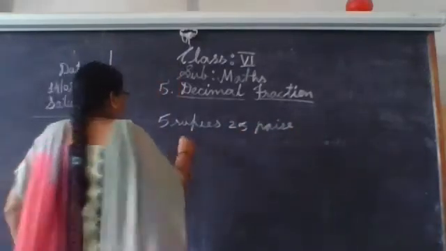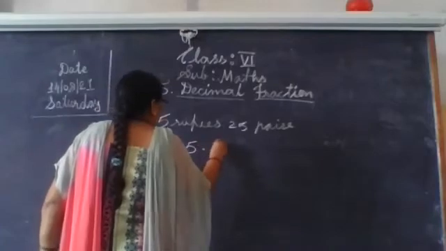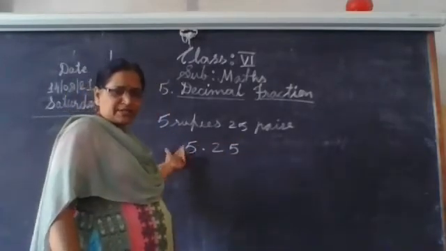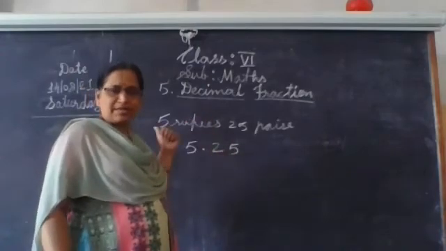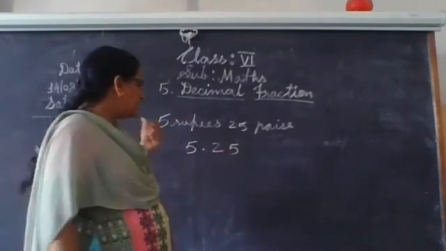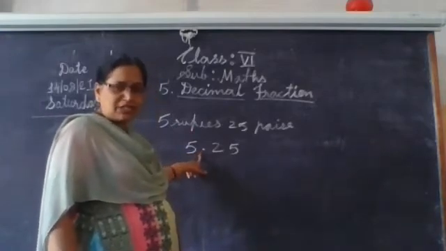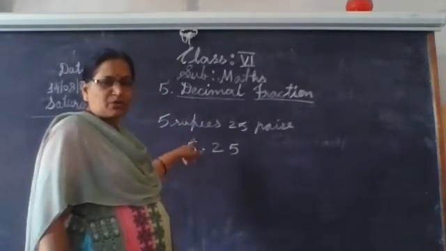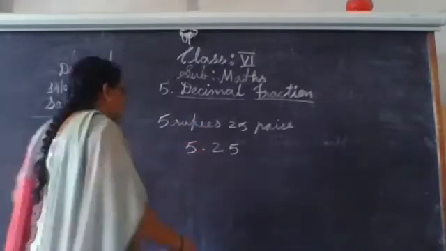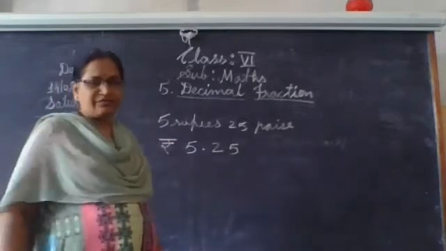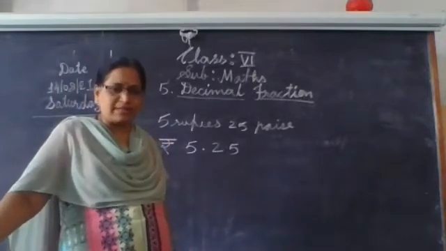So we will write 5.25, where 5 is the rupees and 25 is the paise. But now listen to one thing beta, when you write the decimal point, at that time you have to write the greater unit. So it will be 5 rupees and 25 paise.